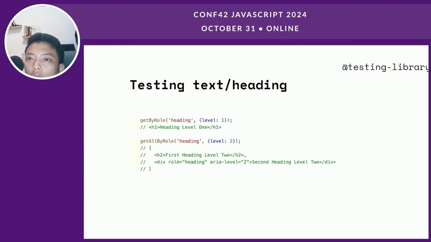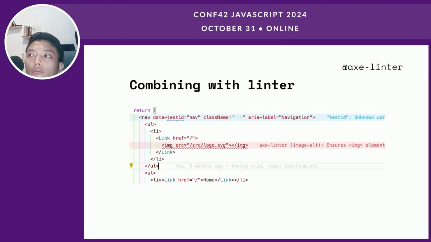So when the heading text changes, the test won't fail anymore, because you are actually testing by its role, not by its text.